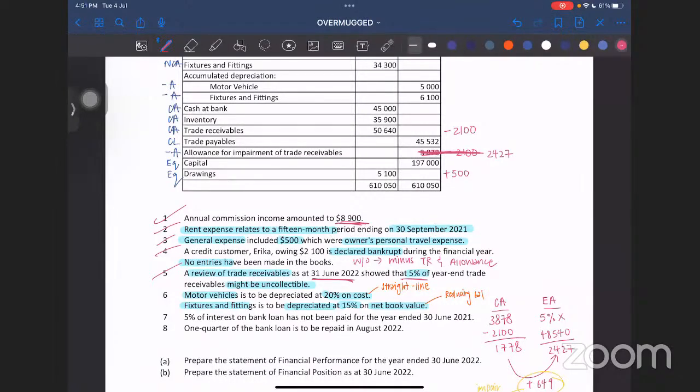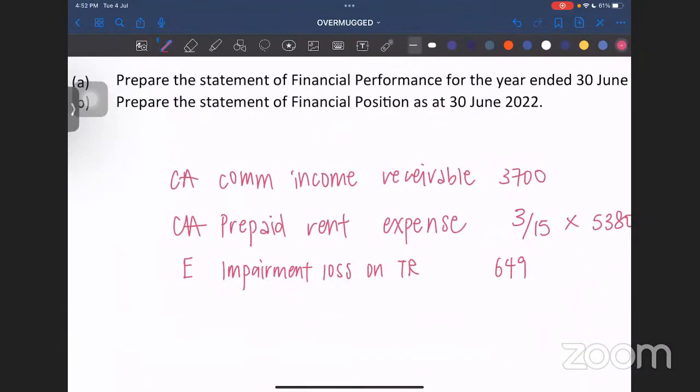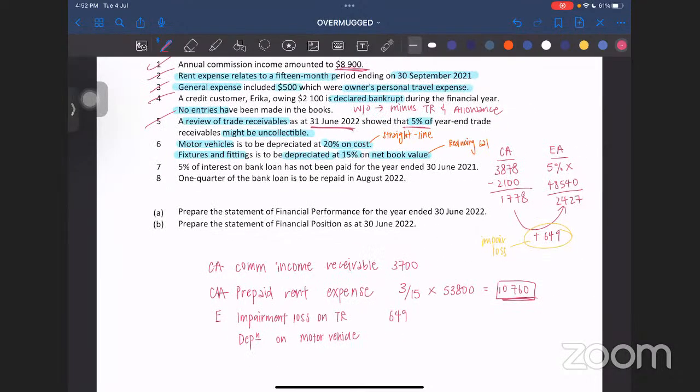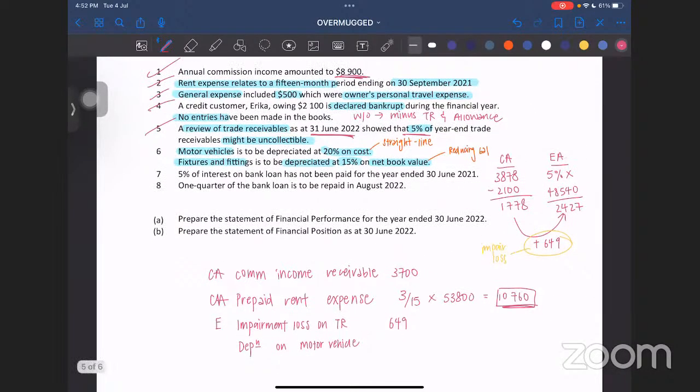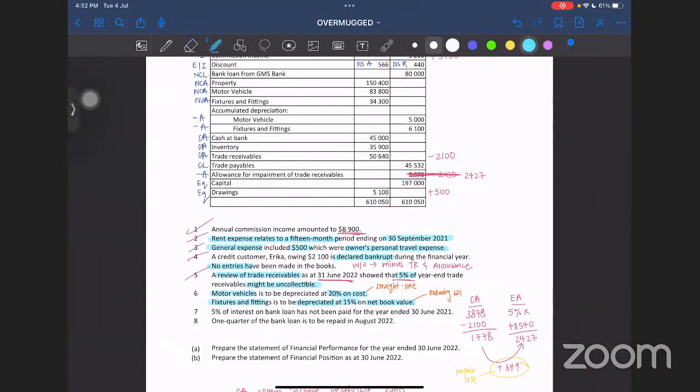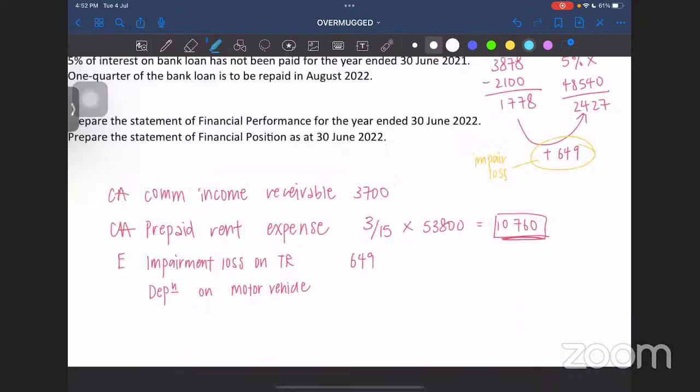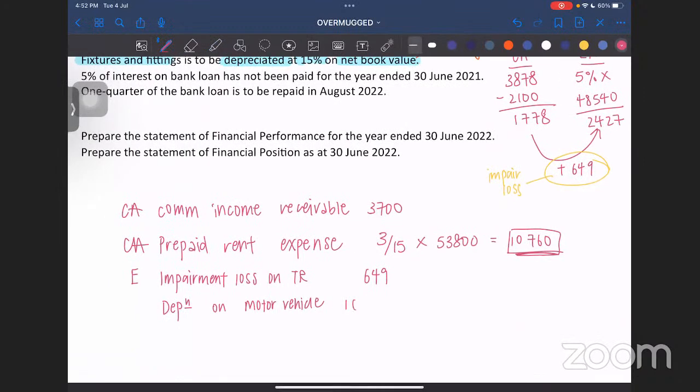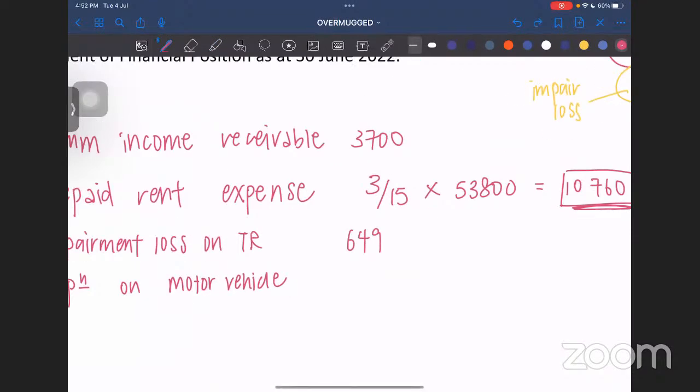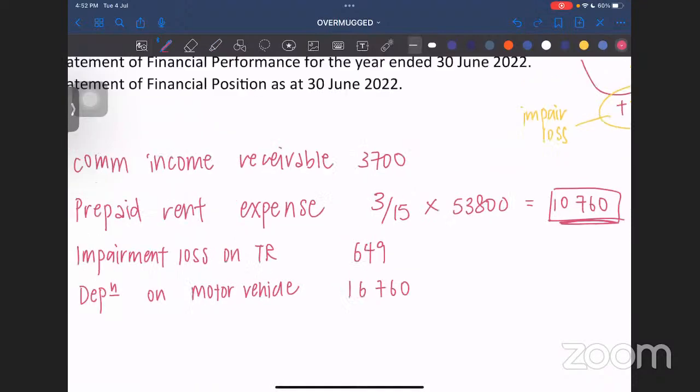So for motor vehicle on cost, I will come here and I will create depreciation on motor vehicle. I will take 20% multiplied by the cost, which is 83,800. 20% of that will give me 16,760.